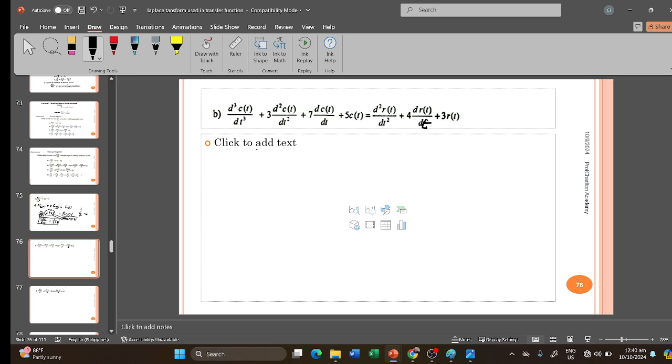So how do we manipulate this now? So all the d cubed over dt cubed, d squared over dt squared, d over dt.